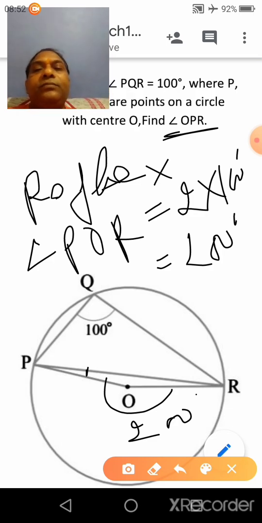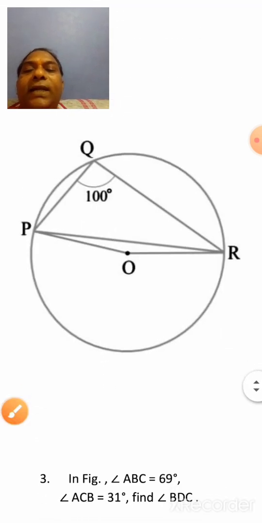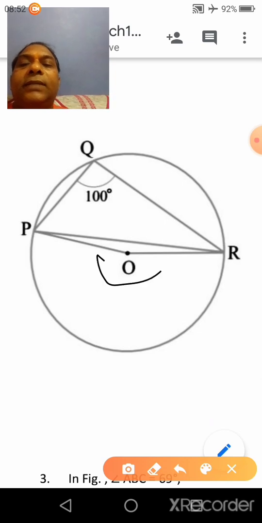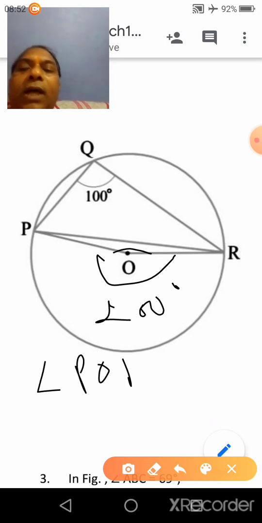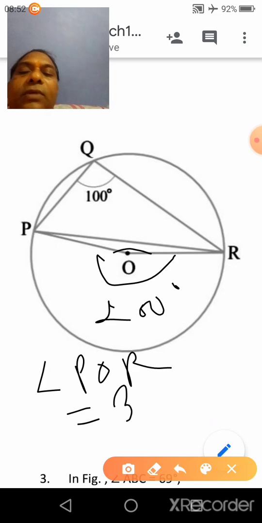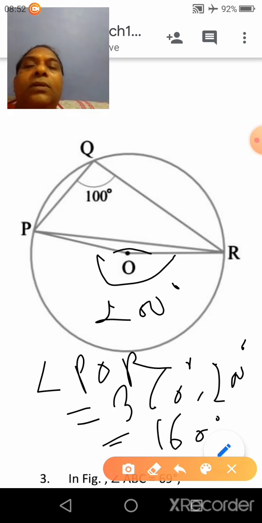Clear? Now because reflex angle is 200 degree, angle POR will be equal to 360 degree minus 200 degree is equal to 160 degree. Clear?